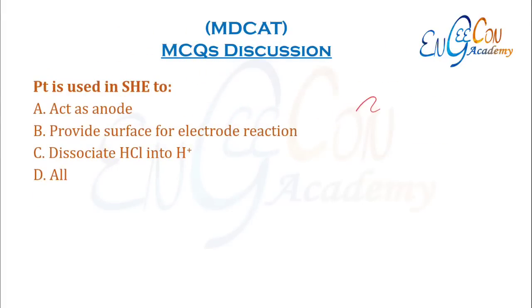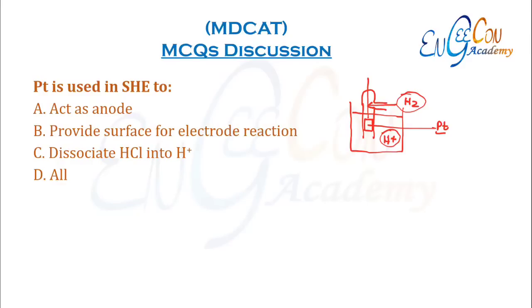Platinum is used in SHE because it is inert metal, it does not react. Here we give H2 gas and here we have H plus ions. So now this platinum acts as a surface provider for the reaction between these two substances. So it provides surface for electrode reaction.